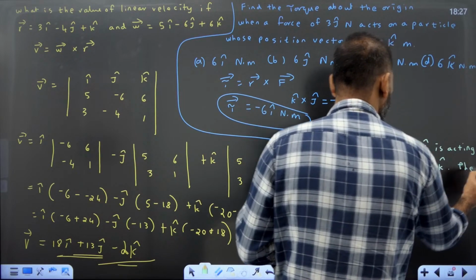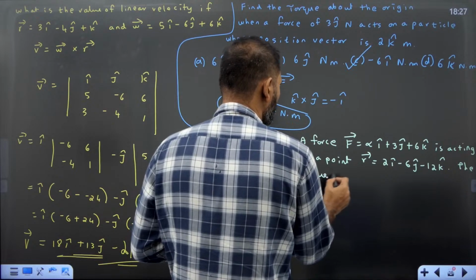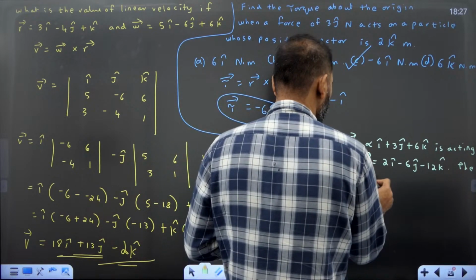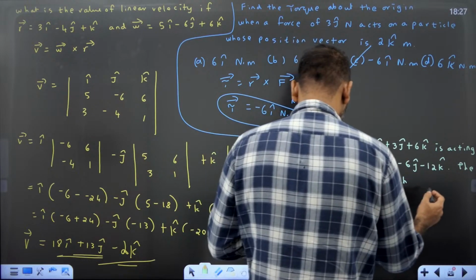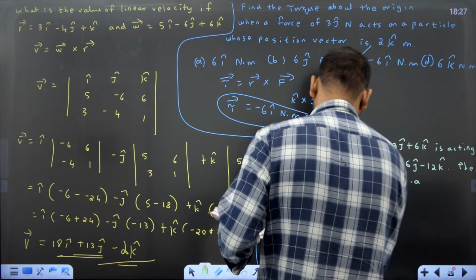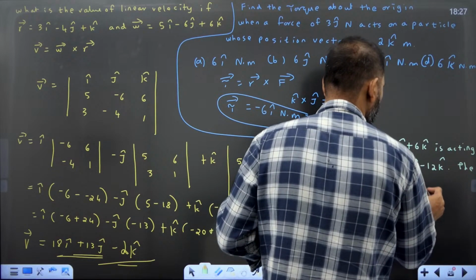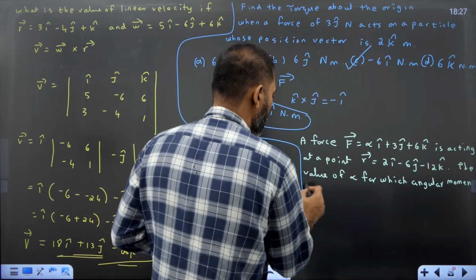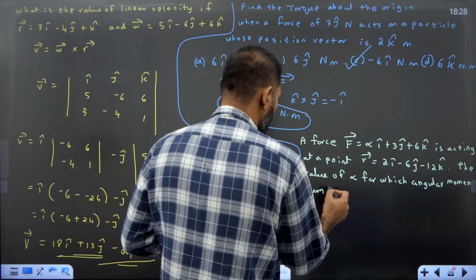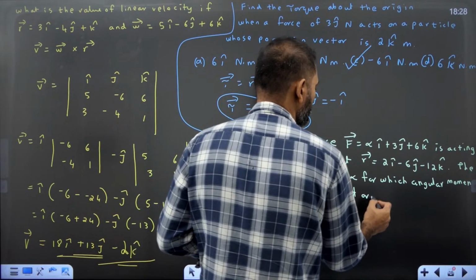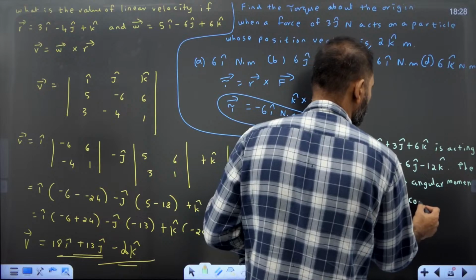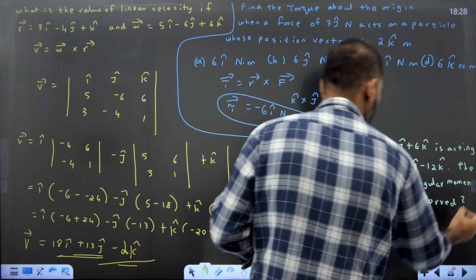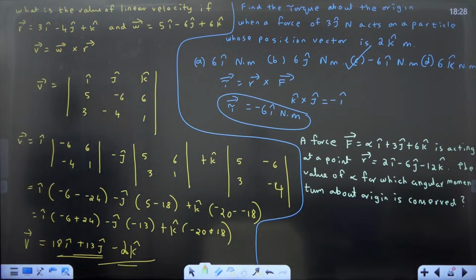The value of alpha for which angular momentum about the origin is conserved. Now try to do it yourself.